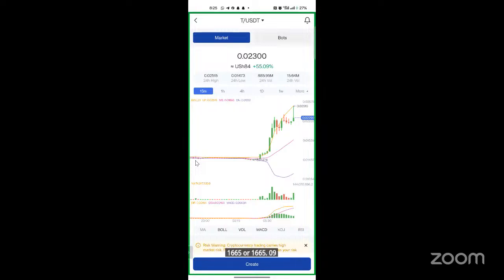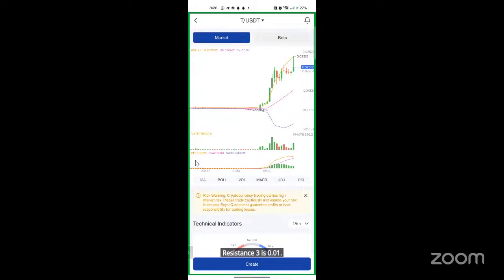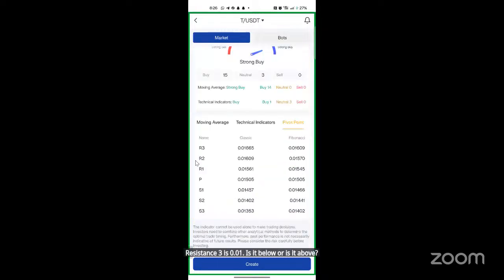Now, which one is higher? Is the current price below resistance 3 or is it above? The current price is 0.02. Resistance 3 is 0.01. Is it below or is it above? Question: do you enter the coin?